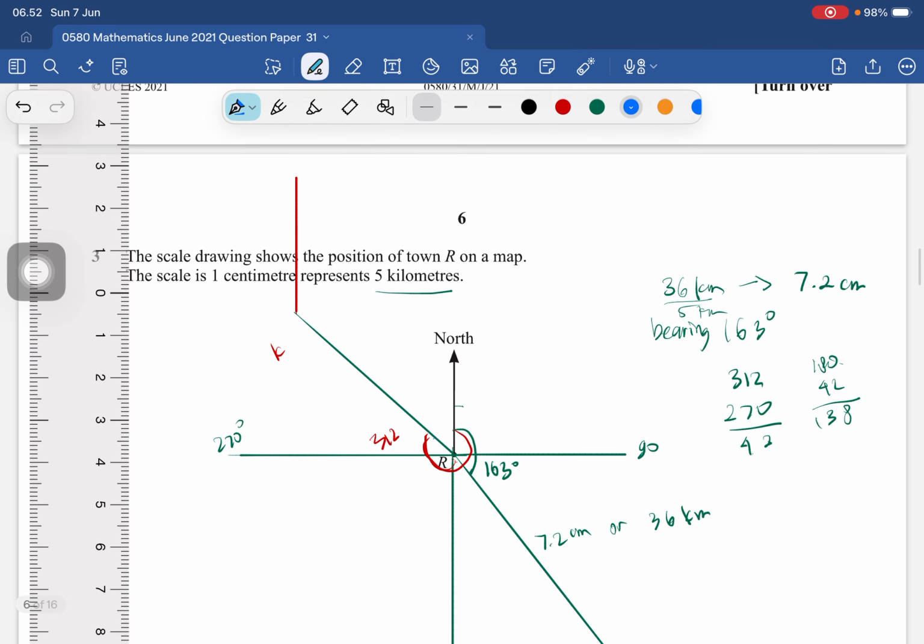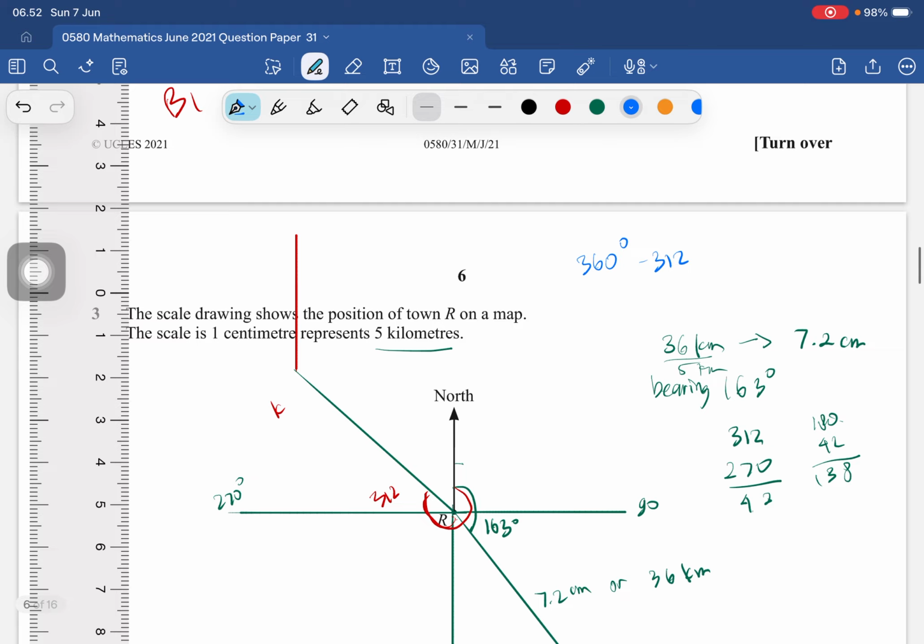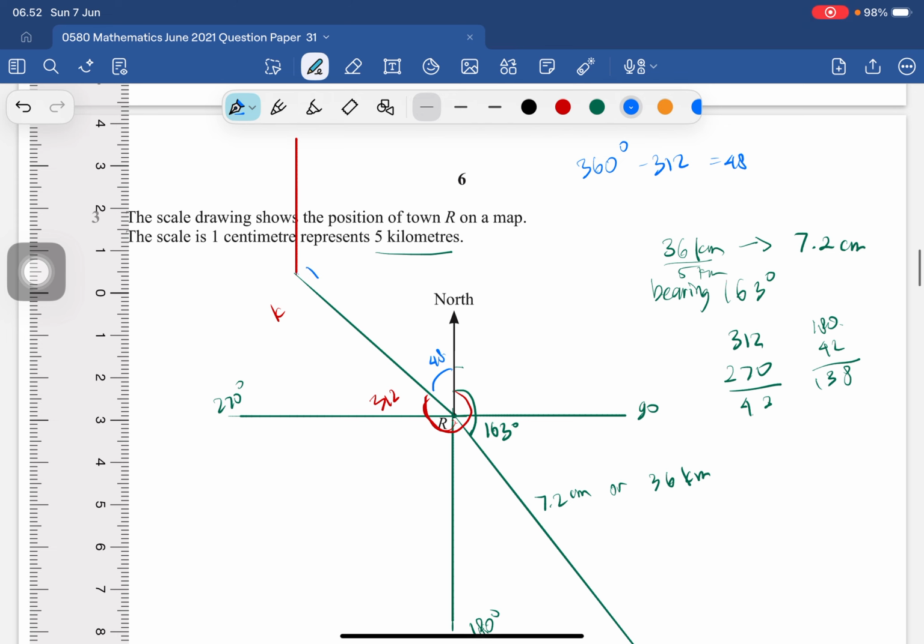The total angle of one circle is equal to 360, so 360 minus 312 gives 48. The angles on a straight line total 180, so let's say this is x. x plus 48 equals 180 degrees, so the angle from north to R is 132 degrees.